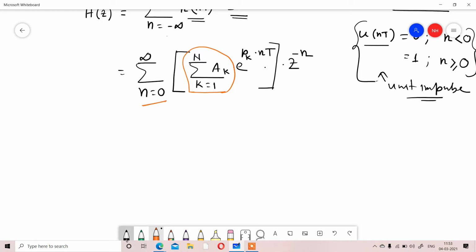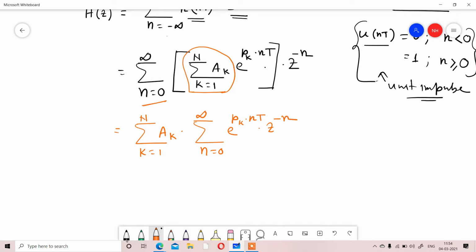So what I am doing is writing that thing first, that is k equal to 1 to N ak and other parameters. Other parameters means you have summation n equal to 0 to infinity e to the power pk n T into z to the power minus n.